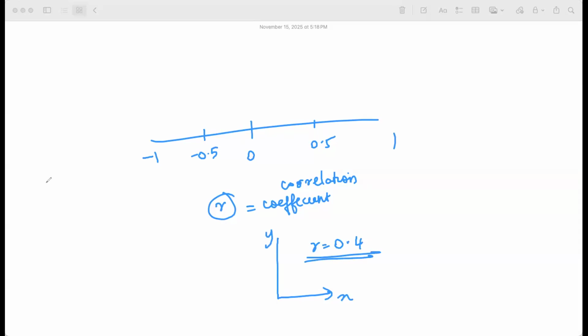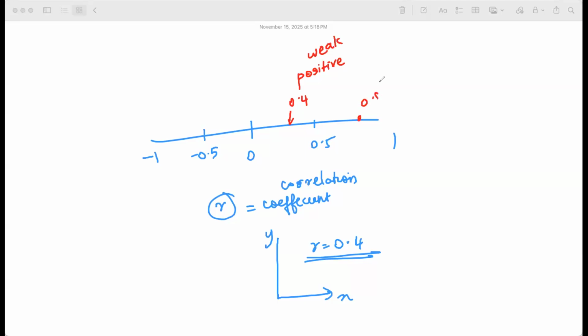What can I say about it? If it is 0.4, where does it fall? It falls somewhere here, right? Is it positive, negative, or what? It's positive. Is it weak positive or strong positive? Weak positive. That's how you categorize correlation coefficient.